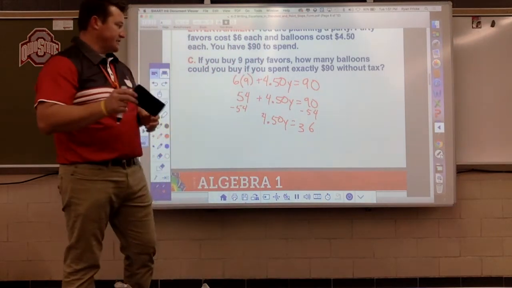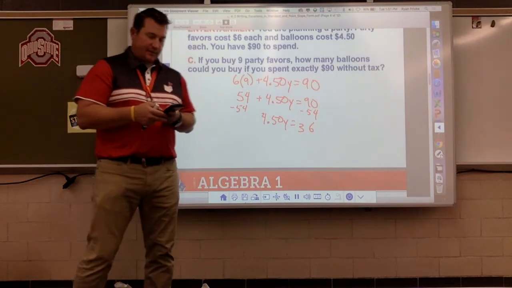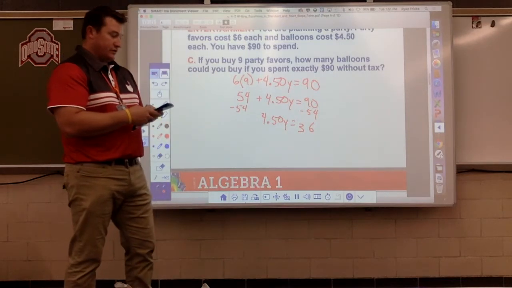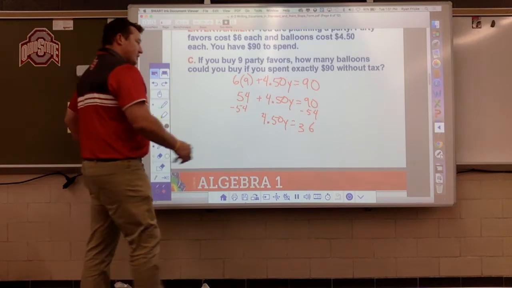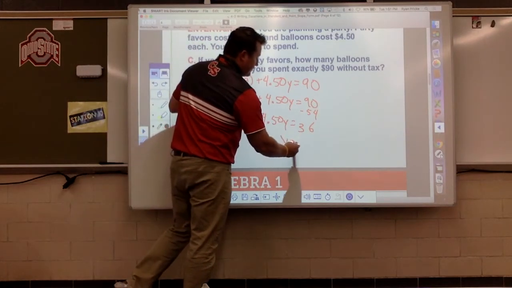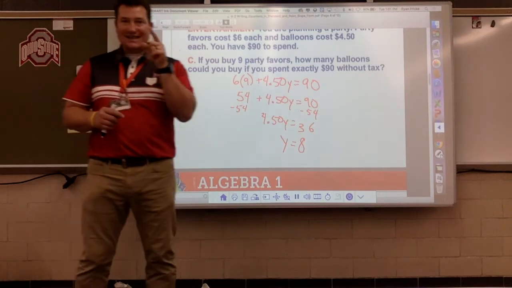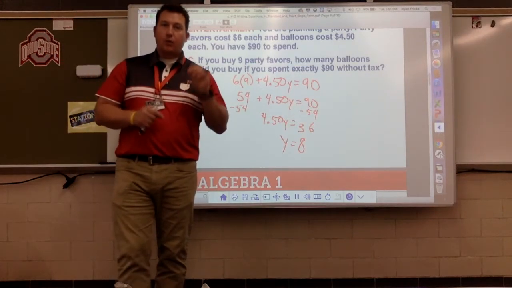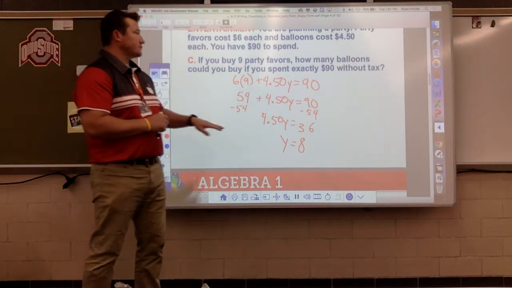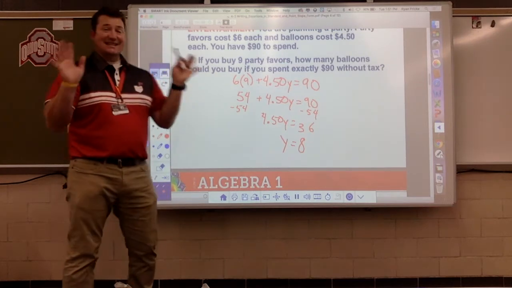I think if that's not right, somebody's got to tell me. And then last step, guys, just divide by your coefficient, right? And we should get, actually a good number here. We get 8. Okay, again, what does 8 represent? Well, that represents how many balloons we could get, okay, if we spent exactly $90.